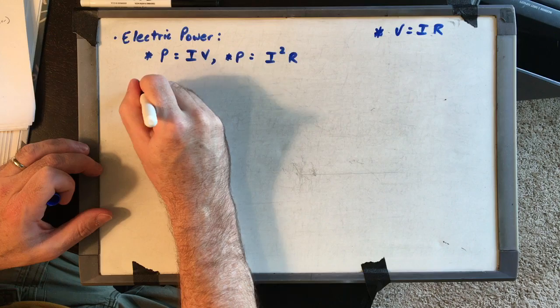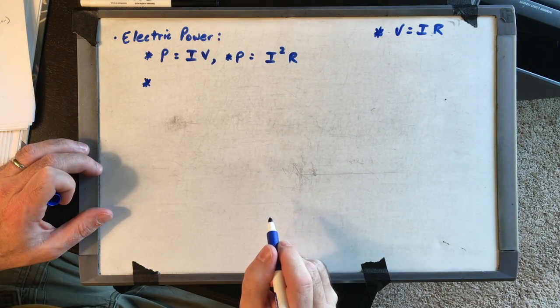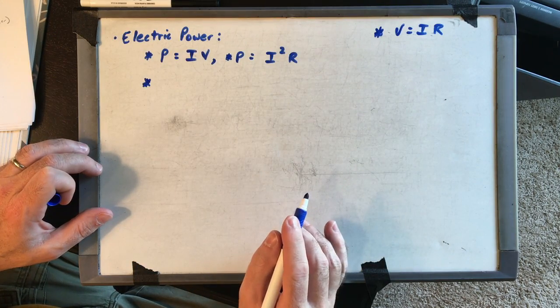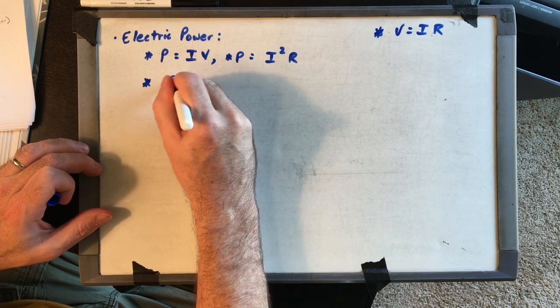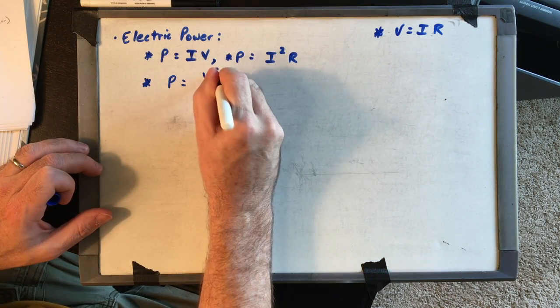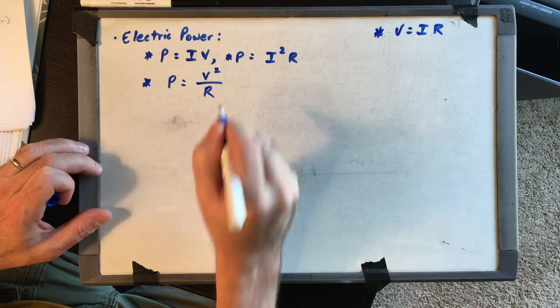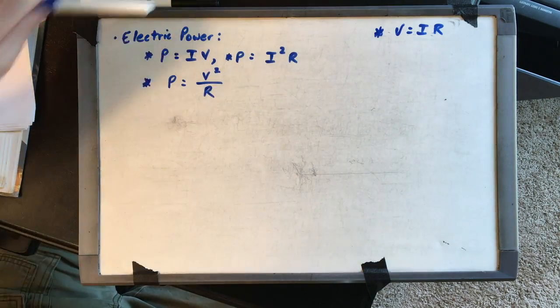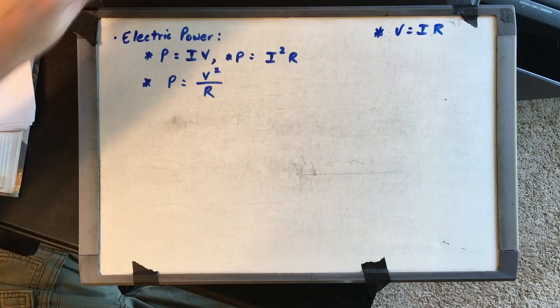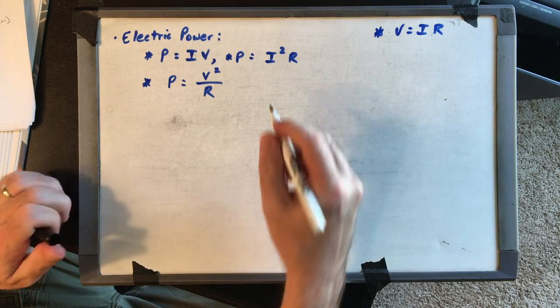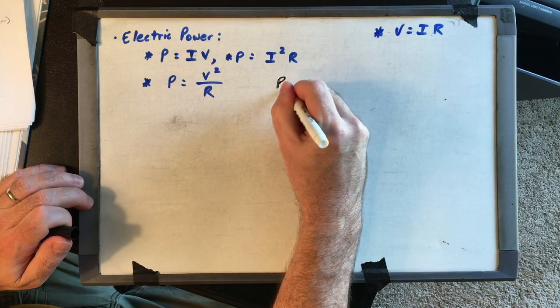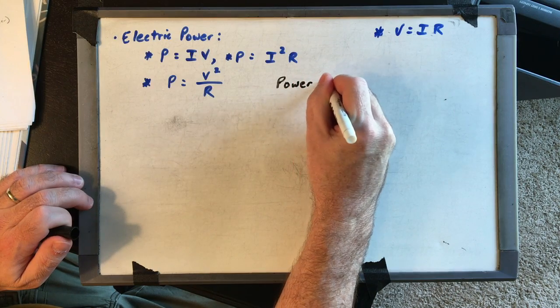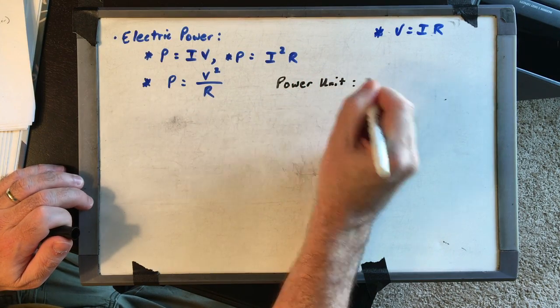And then the third way, and this is the way that you'll probably use the most by the end of the chapter, is power is equal to V squared, voltage squared, over resistance. The unit for power you have seen before.